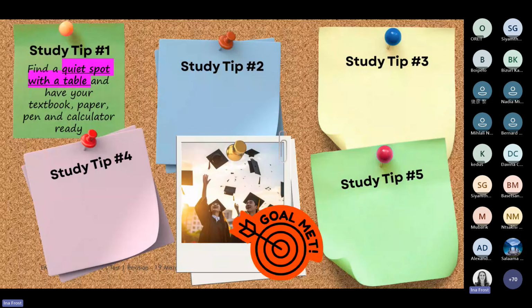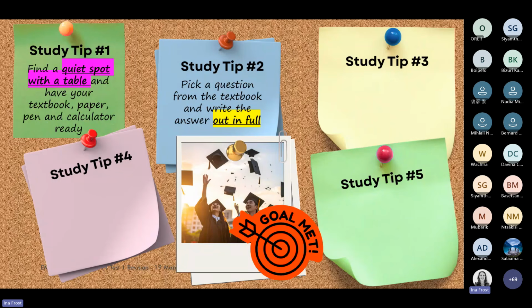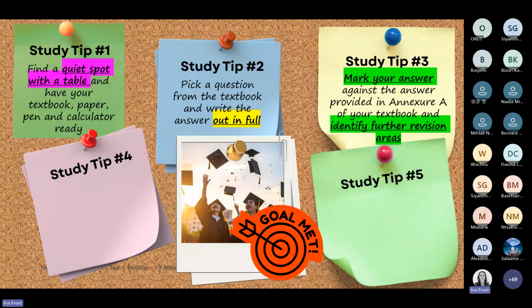And for that, you need to be sitting at your desk and writing out the answer before you start marking it. Then you're going to pick a textbook question and you are going to do that question in full. Once you finish the question, you're going to mark it against the answer at the back of your textbook, and you're going to identify those entries where you were still struggling.